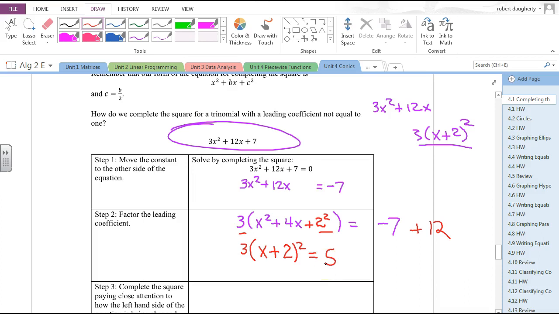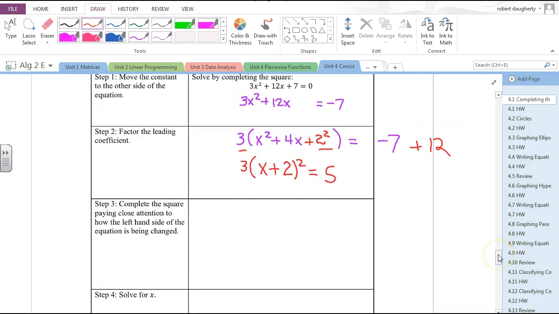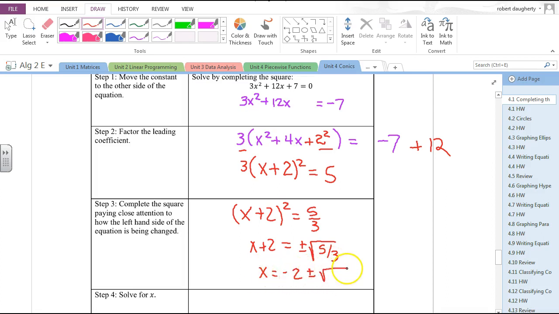So to solve this, x plus 2 squared equals 5/3. So taking the square root of both sides, x equals -2 plus or minus the square root of 5/3. Okay, that's my solution for x.